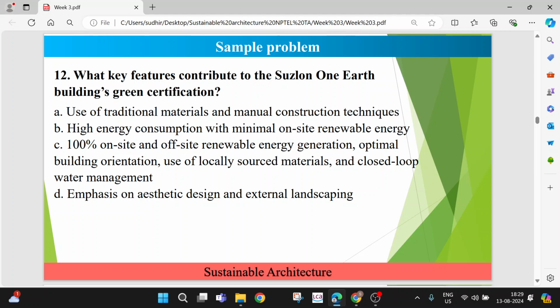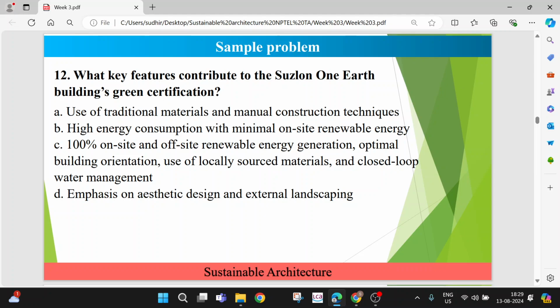If you know this Suzlon One Earth, it is a certified green building due to its comprehensive approach to environmental sustainability. First, it generates all its energy through renewable sources like solar and wind. Second, it uses building orientation to maximize daylight and minimize glare. Third, it uses locally sourced material and recycles construction waste.